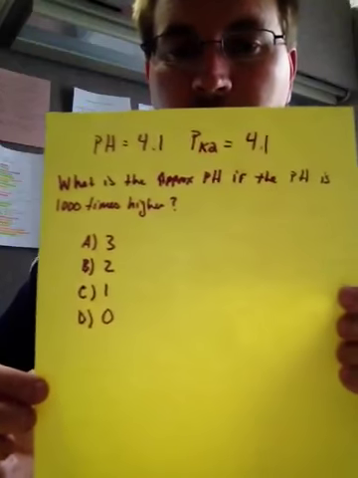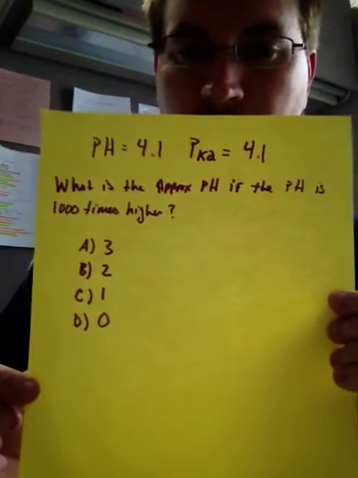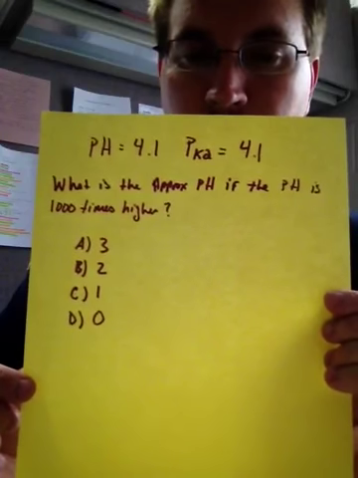You can select one of the four: A is 3, B is 2, C is 1, and D is 0. So I just went ahead and wrote the problem down so everybody can see that. There's my pH, there's my pKa value, my answers. And let's go ahead and figure this out.